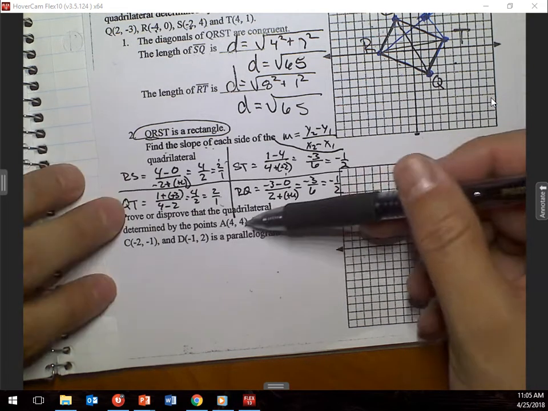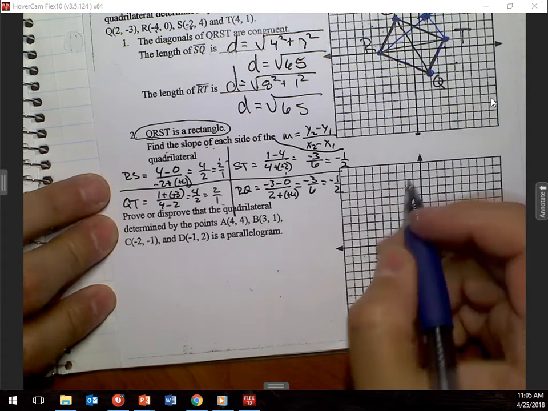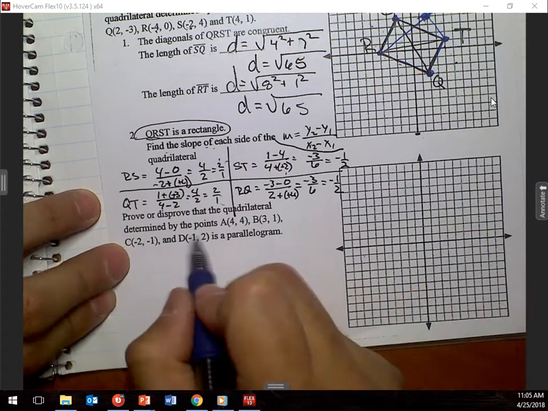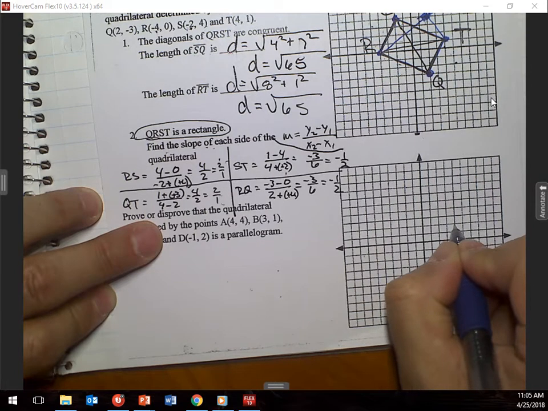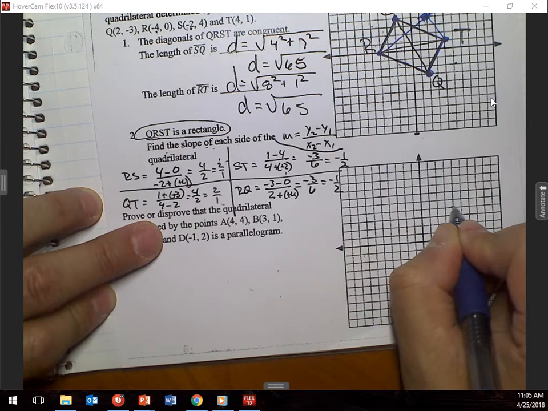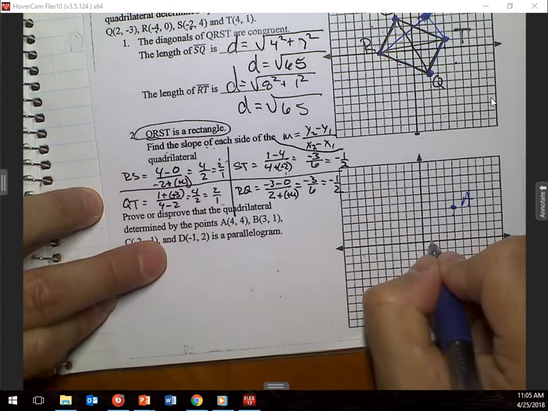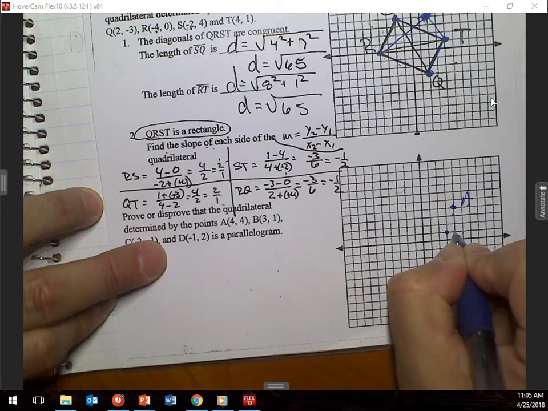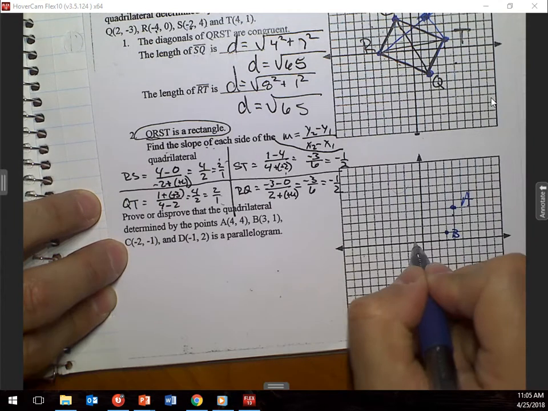So, prove or disprove this next one. Determined by the points here, is it a parallelogram? So let's put the points. A is at 4, 4. B is at 3, 1. C is at -2, -1.